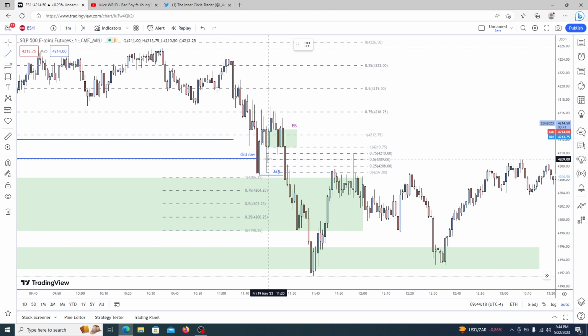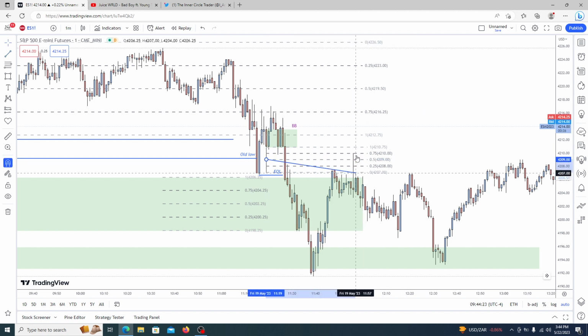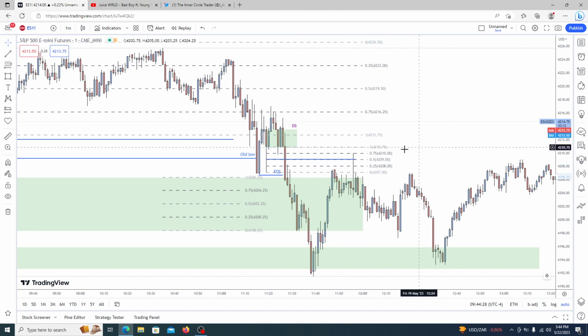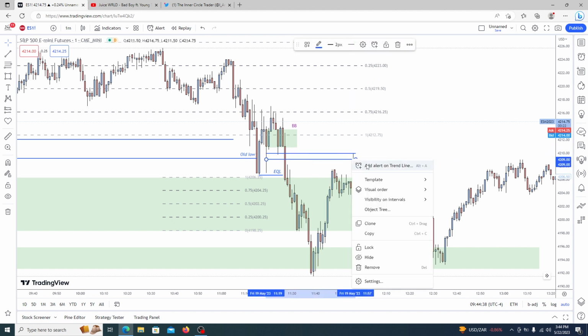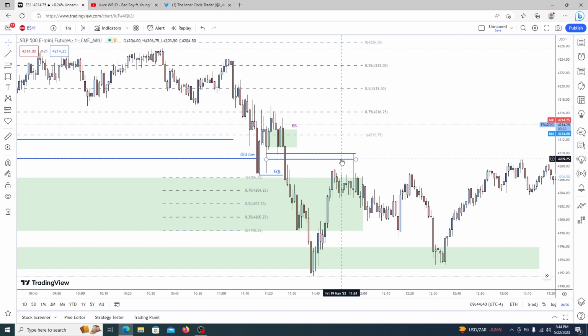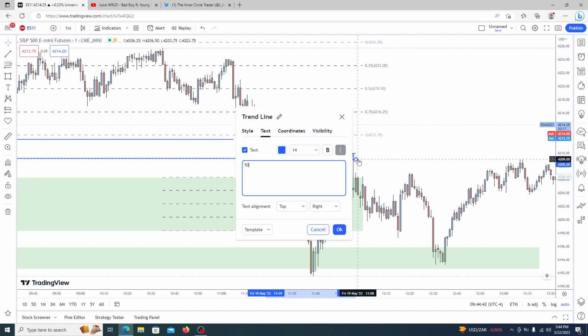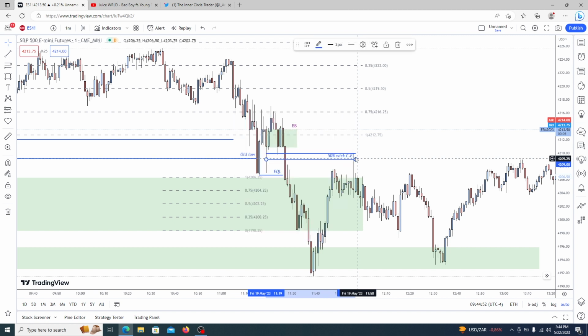We can just go ahead and take a note of this, and we could also take a note of the higher quadrant, of course. Here we go, and then we can get rid of this FIB. Let's just go ahead and mark this up: 50% of the wick, consequent encroachment level. There you go.